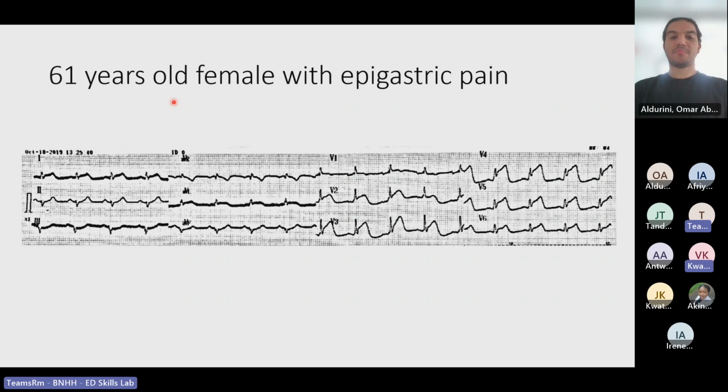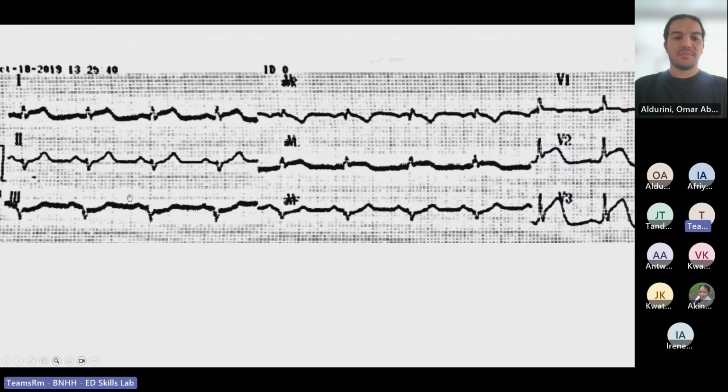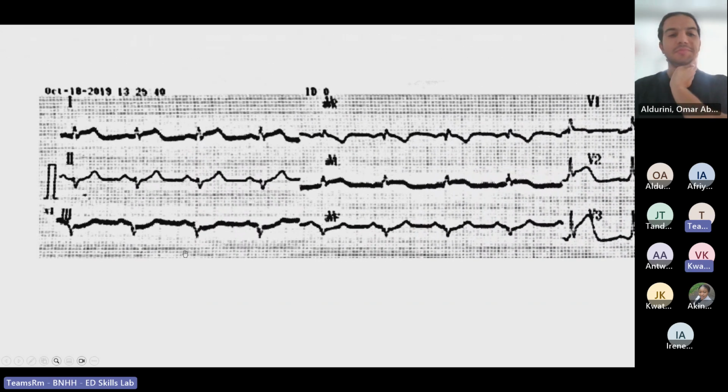I can say lead 2 and then lead 3. Looking at lead 1. If you're using your mobile, you can zoom in as well. Okay, that's fine then.